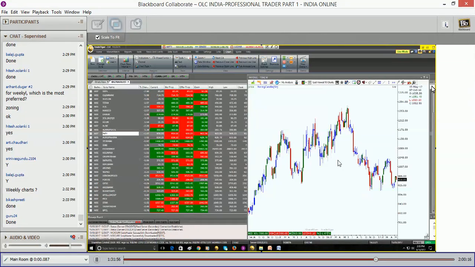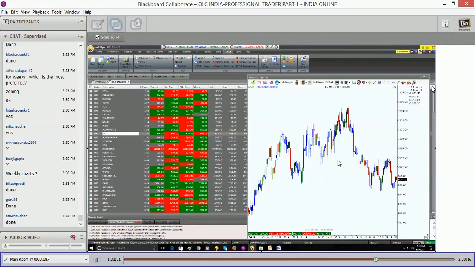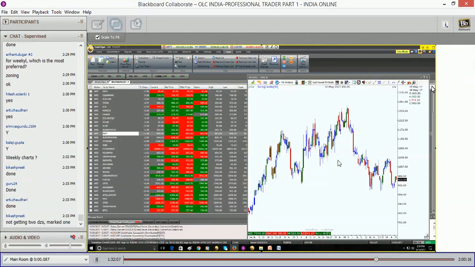Vikas says done, Guru says done. I love the way you finish it so quickly. Let's look at Guru. Aarti says done. Okay, well, what about the second demand zone, my friend? Guru, the second demand zone? Not getting two, I doubt that.